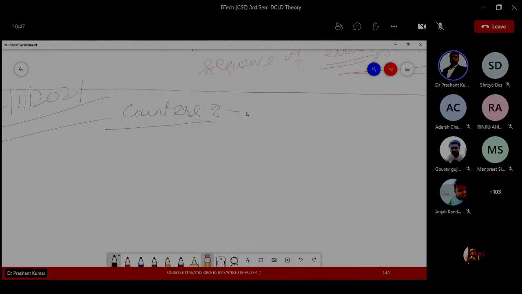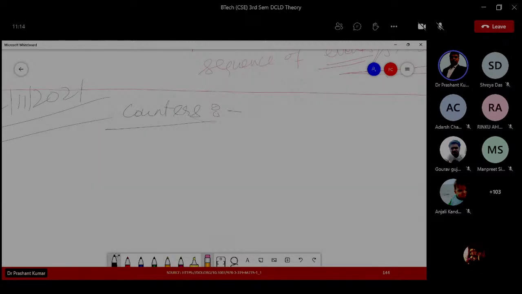So what is a counter? You know that a counter is a register which goes through a prescribed sequence of states, and this prescribed sequence depends upon the application, whatever input pulses you are giving, so that pattern may be decided from that.